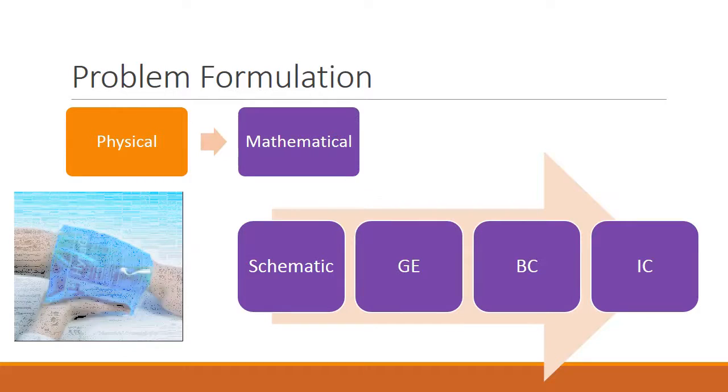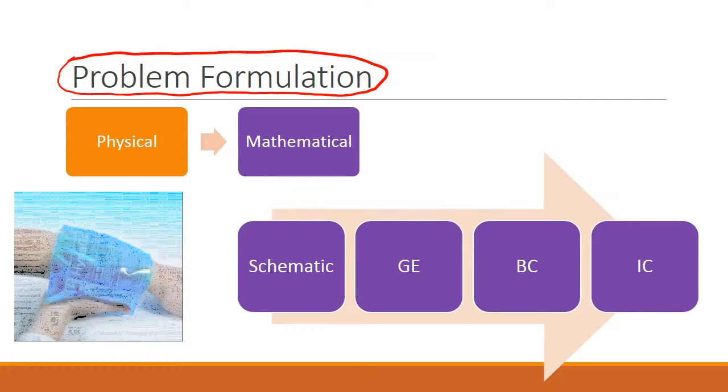So I want you to see this very important slide. What is problem formulation? So in problem formulation, we take something that is physical, that is a completely physical process, and write its mathematical description. So physical to mathematical.